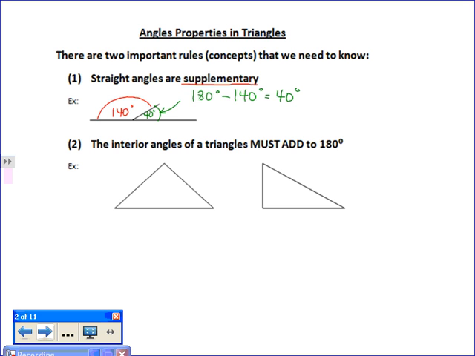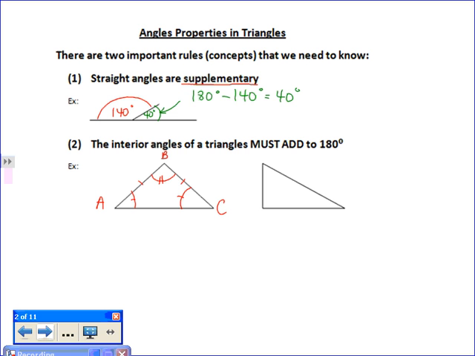The other thing that is true about triangles is that the three angles of a triangle must also equal 180 degrees. So for example, if we have triangle ABC here, A plus B plus C, and this happens to be an isosceles triangle, where angle A and angle C are the same.